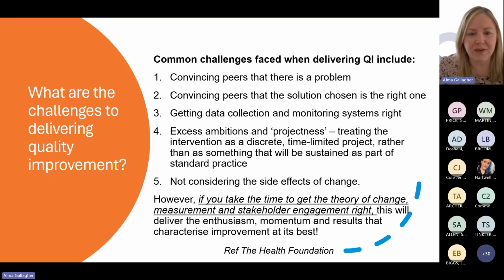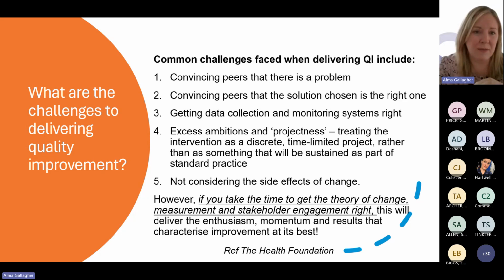So the Health Foundation funded an evaluation of, I think, 15 quality improvement programs that took place over a period of time. And some of the common challenges that were identified through these different programs was that actually it's really difficult sometimes to convince peers that there is a problem in the first place.